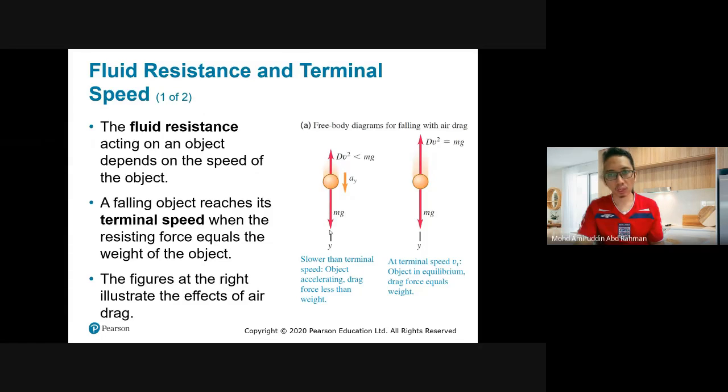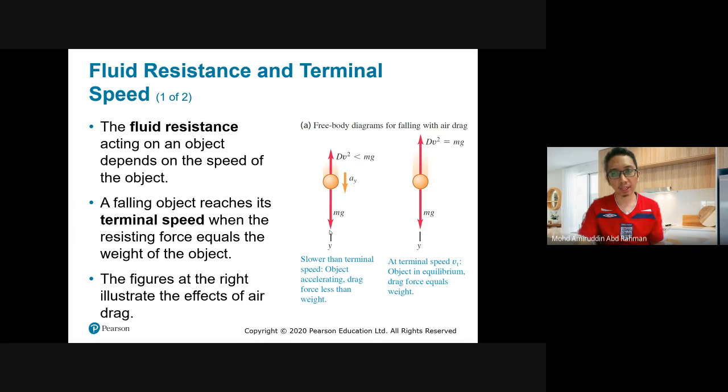So it has a slower speed than the terminal speed, where the object is accelerating and the drag force is less than the weight. At the terminal speed, vt, the object is in equilibrium where the drag force equals the weight.